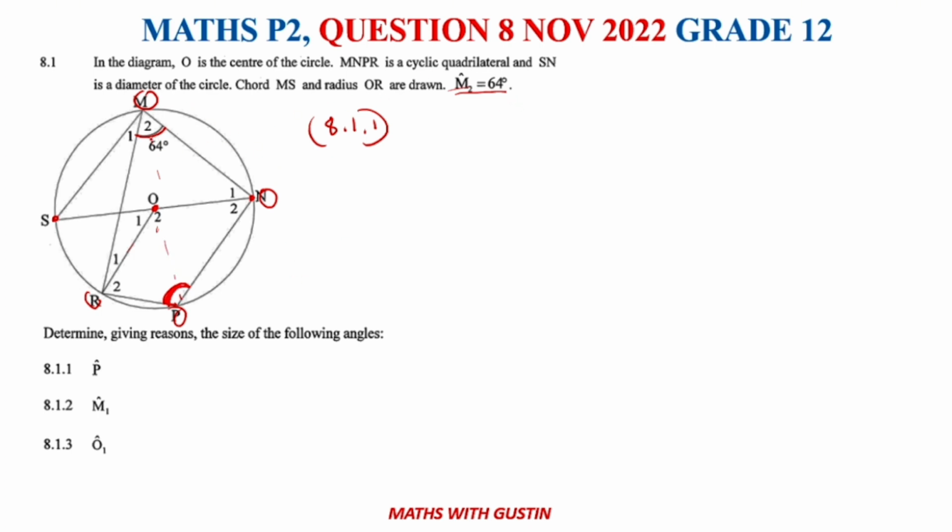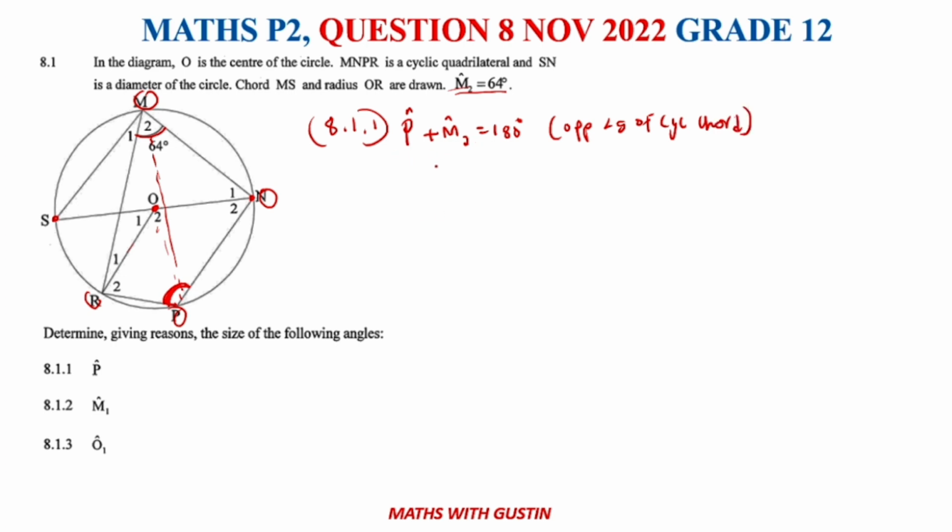Therefore, if we add these two angles, angle P plus M2 should give us 180. The reason being opposite angles of a cyclic quad, as stated, because they already told us that this is a cyclic quad.